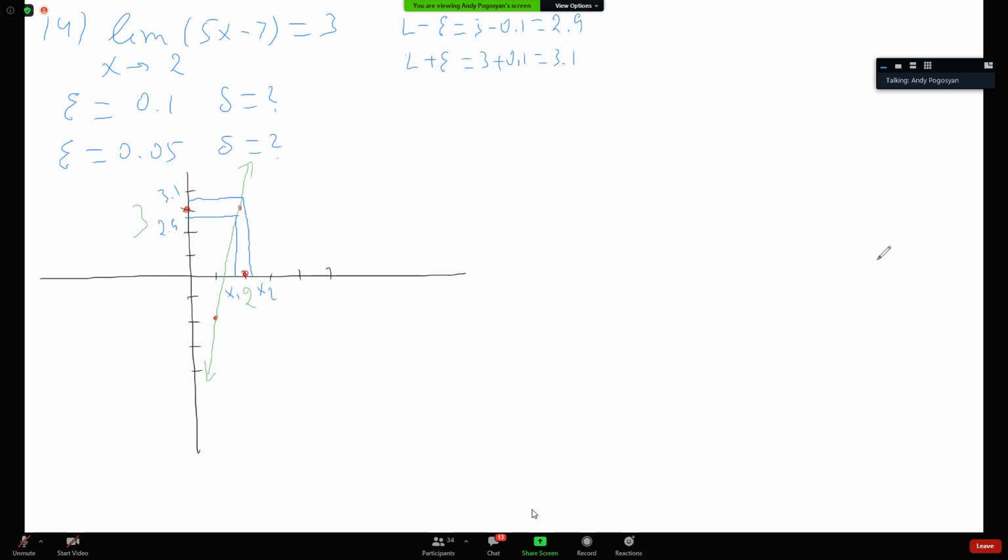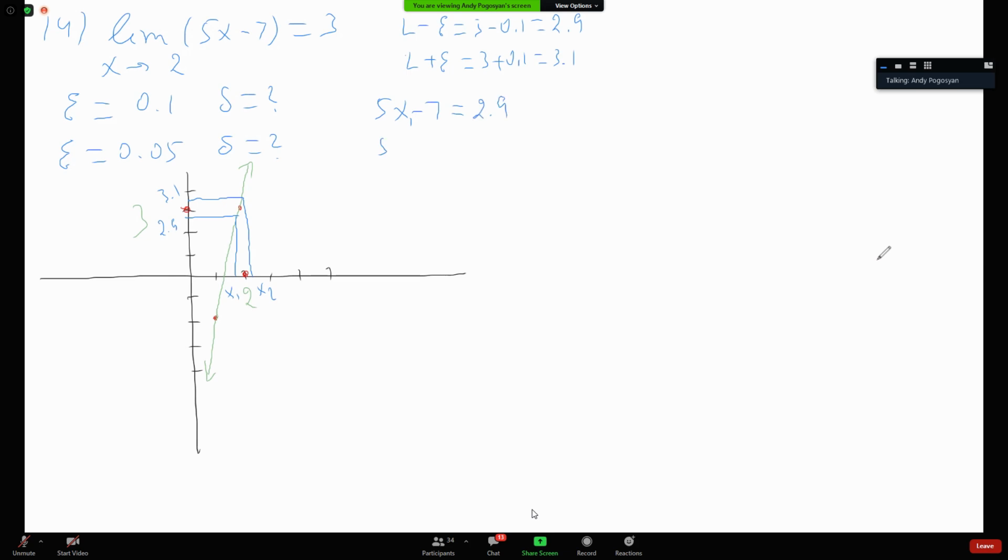Now, f(x) = 5x − 7. For f(x1), 5x1 − 7 must be equal to 2.9.